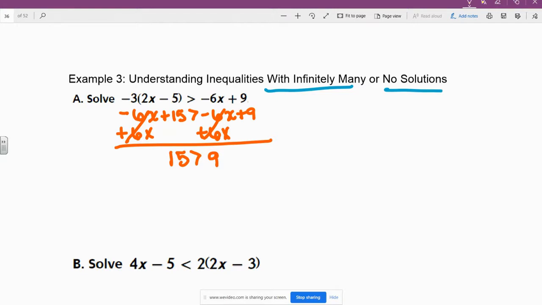Okay, so this is a little bit different than before. It might be better if you just solve it through, since it's inequalities and not equal. So is 15 greater than 9? The answer to that is true.